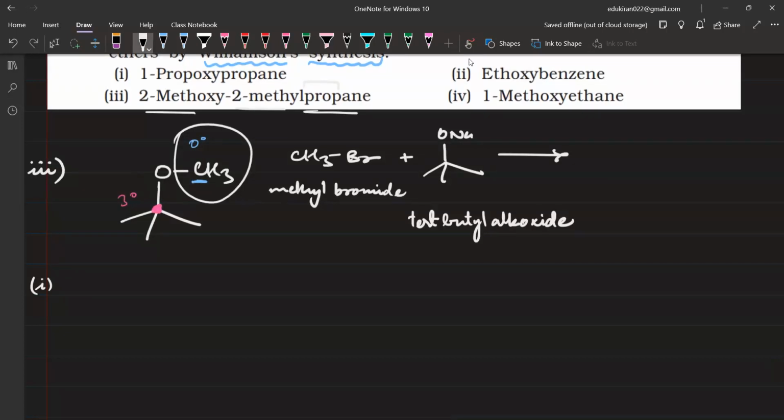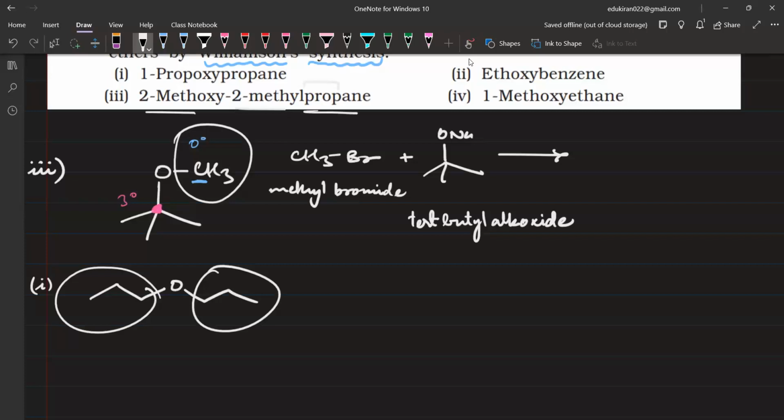First में देखिए आपको क्या, 1-propoxypropane, so 1 2 3 carbon atoms bonded to oxygen, and then 1 2 3 carbon atoms, right? तो इसमें से एक alkyl group will be from alkoxide और दूसरा haloalkane से आ जाएगा, because both of them are 1 degree. So we can write 1 2 3 carbon atoms ONa plus 1 2 3 carbon atoms Cl. Both of these will react and it's going to give you this molecule.